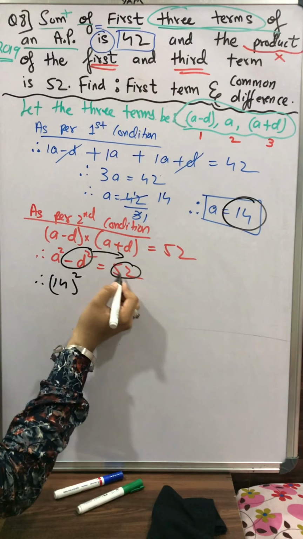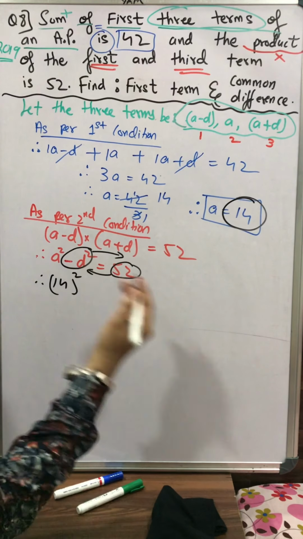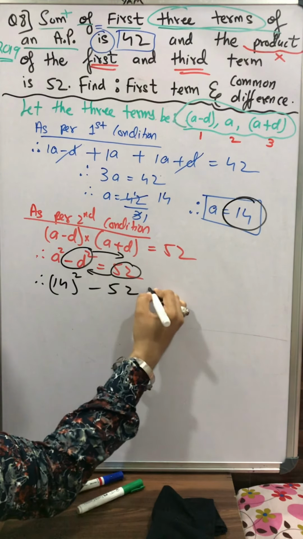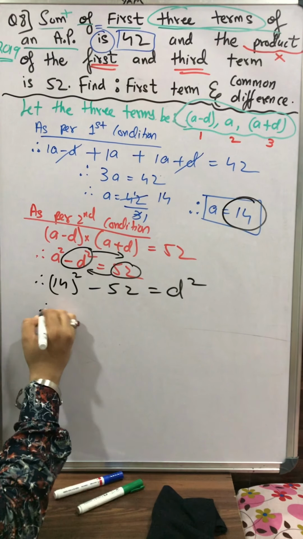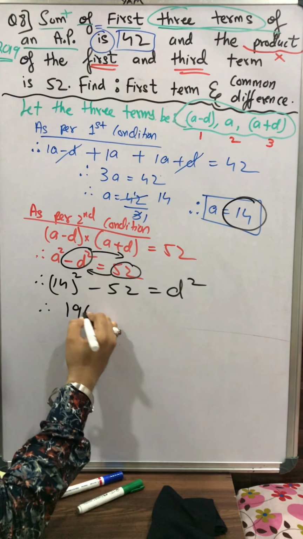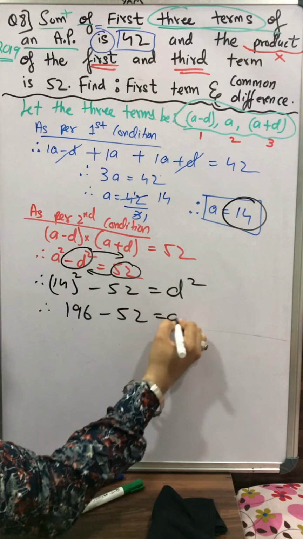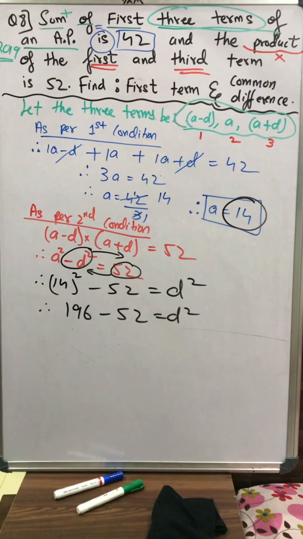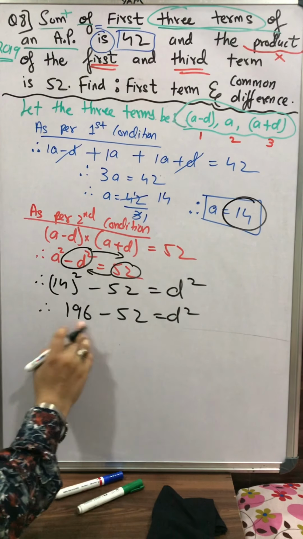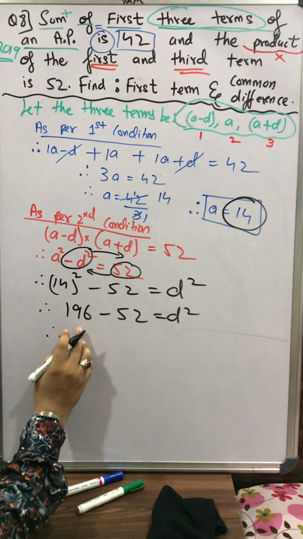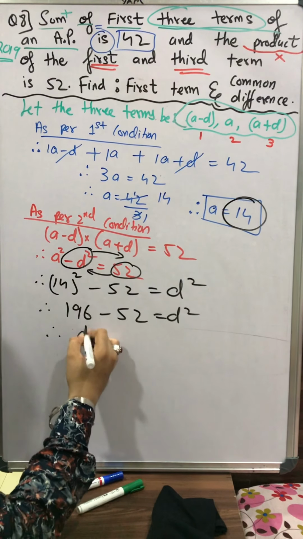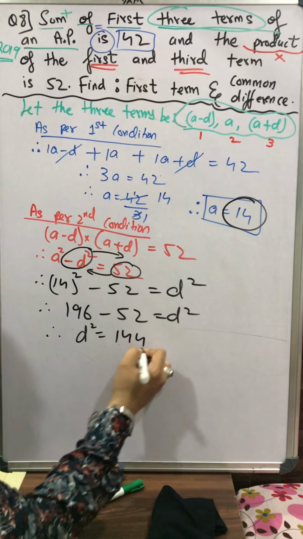And I'll send this plus 52 to the left hand side, and it will become minus 52. So 14 square is 196, minus 52 is equal to d square. From here, we can get the value of d square. 196 minus 52 is nothing but 144. Therefore d square is equal to 144.